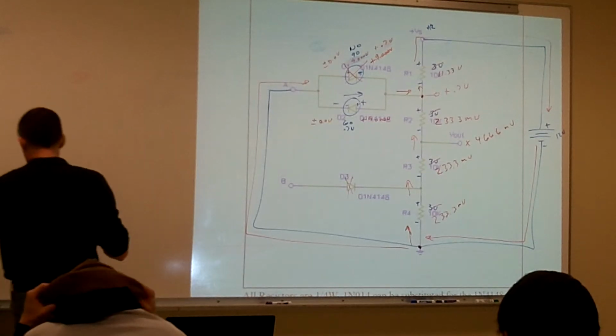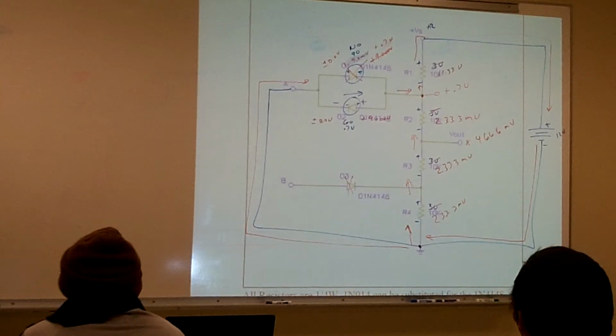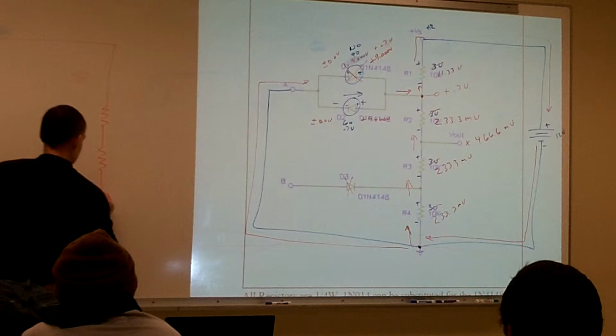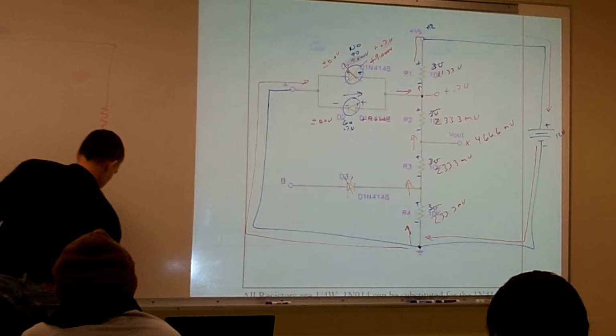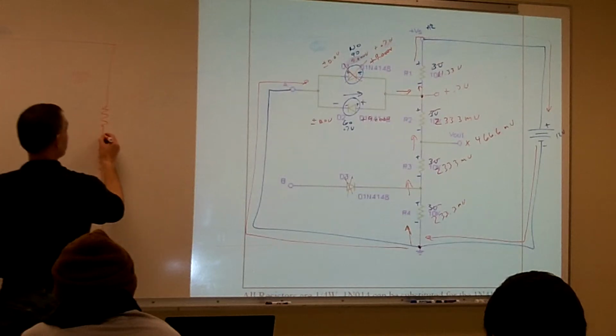Yep, so this one we can draw really easy. Your voltage drop, 27 volts. That stays the same in parallel.